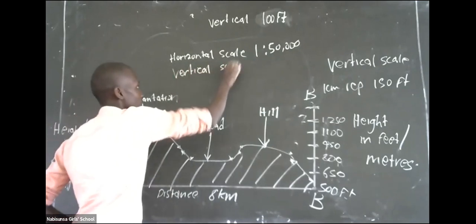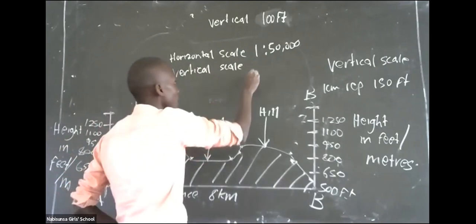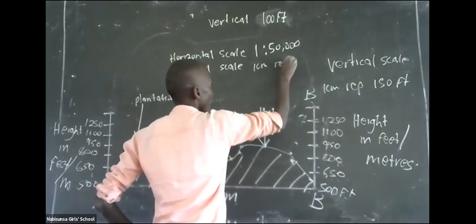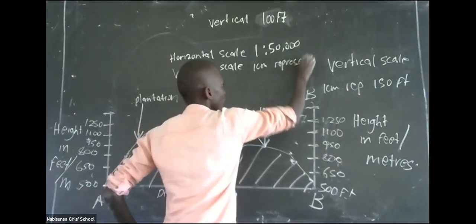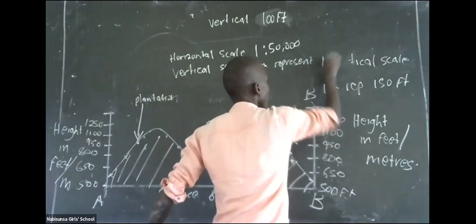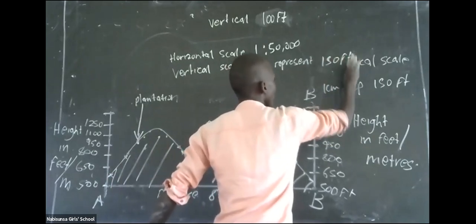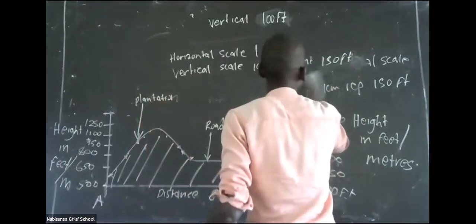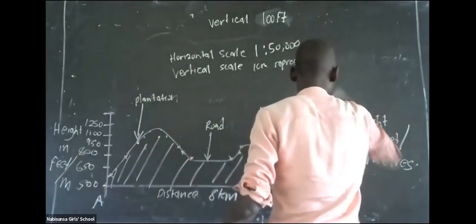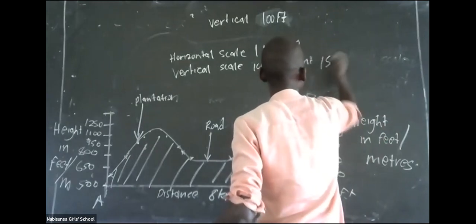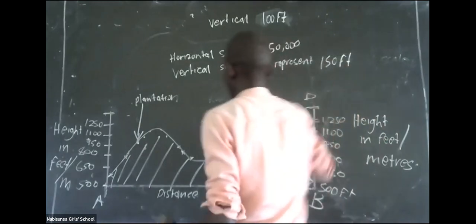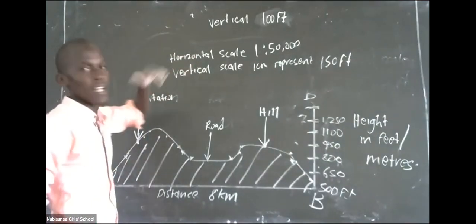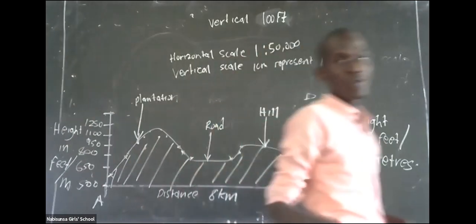Our vertical scale was 1 centimeter represents 150 feet. Either you put it down or you put it immediately after the title. All of you will be marked.